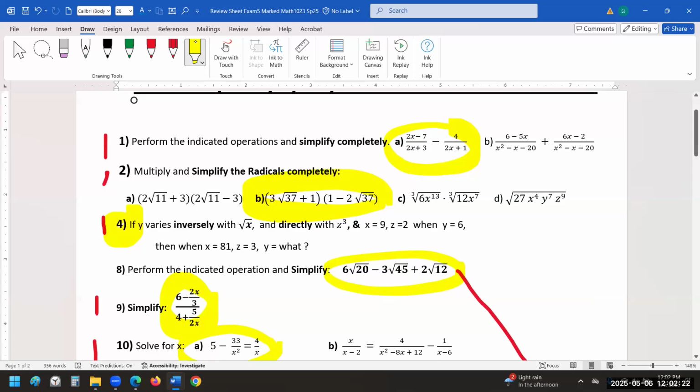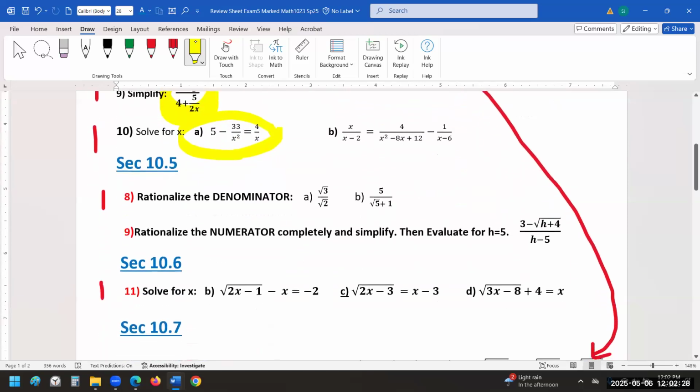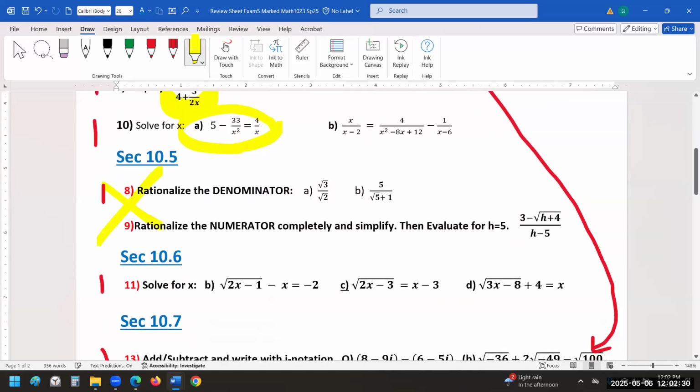So from exam 4, 1, 2, 3, 4, 5, 6. 6 questions. I'm skipping 10.5. I wanted to give it, but the exam became too long, so I skipped it.